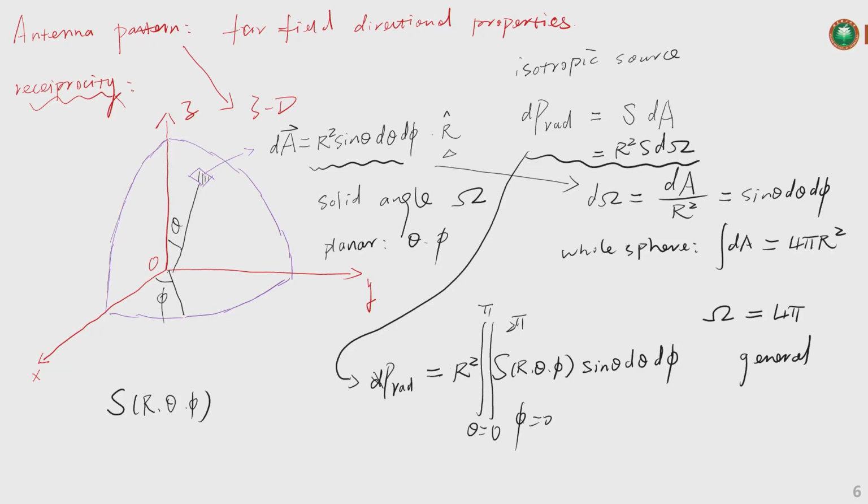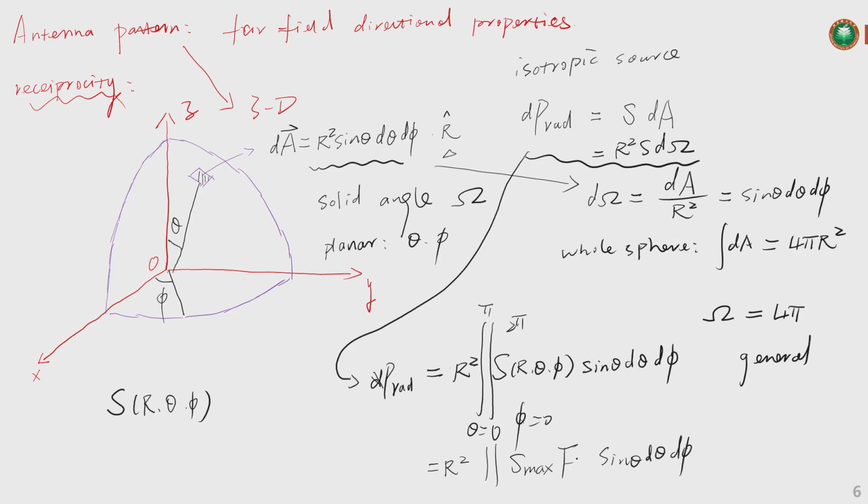And also, as we mentioned previously, the power density S can be expressed as the maximum S max times the normalized intensity F, times sin theta d theta d phi.